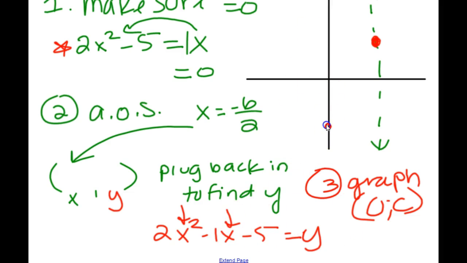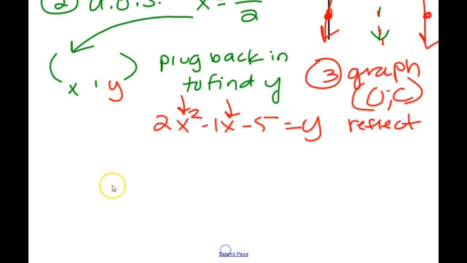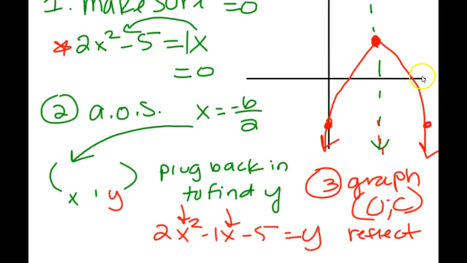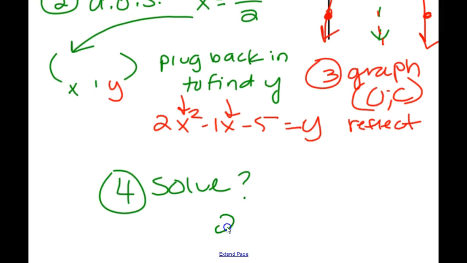So if this one's at -5 down here, and then you're going to have to reflect that point over to the other side of our axis of symmetry. There's our graph. And if this was one where it said solve, you would need to tell me how many times does it cross the x-axis. This one crosses the x-axis 1, 2 times. So there would be 2 solutions.